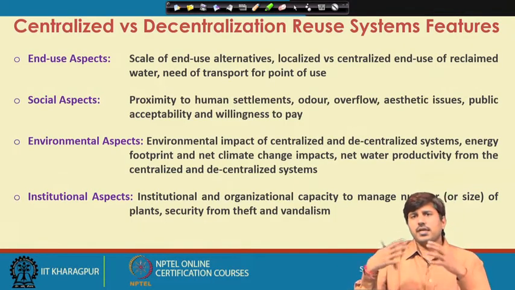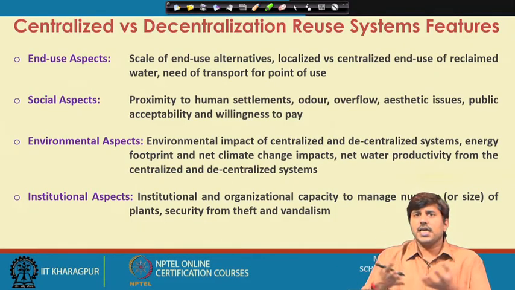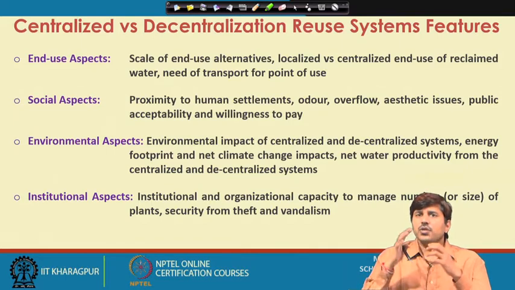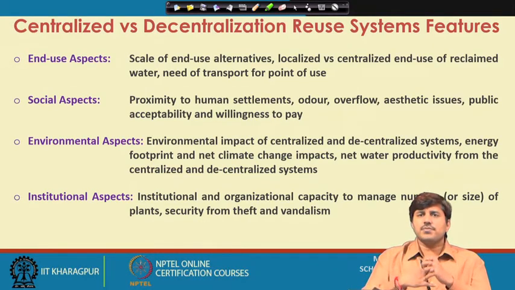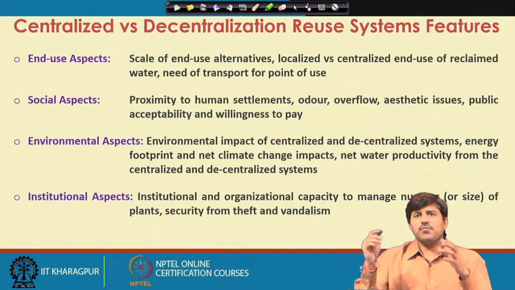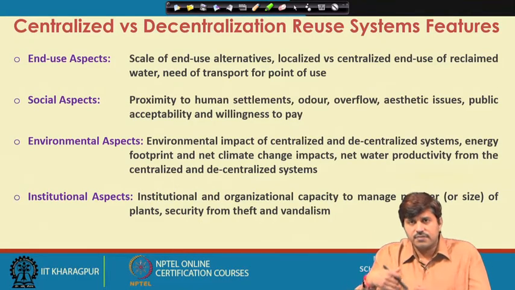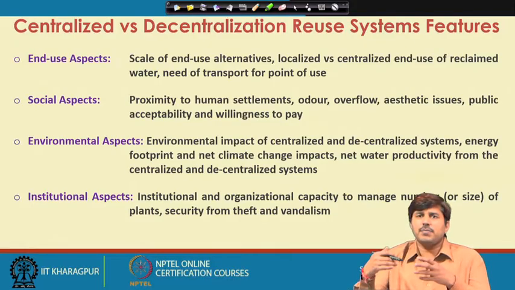If your sewer lines are not protected, you end up exposing a lot of health risk, but if your sewer lines are protected, that is not much of a concern. So, there is not going to be social objection to those systems, but in a decentralized system we will have to have plants in the vicinity of the place where the wastewater is primarily being generated.